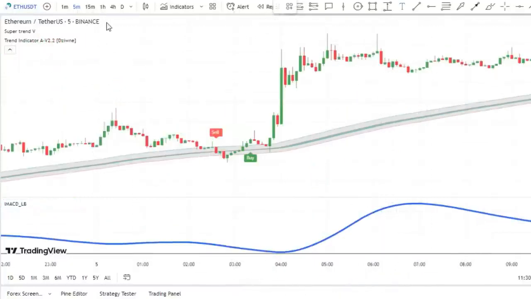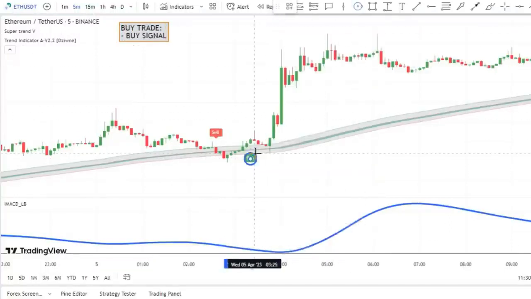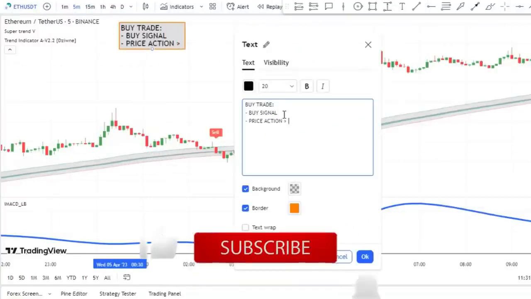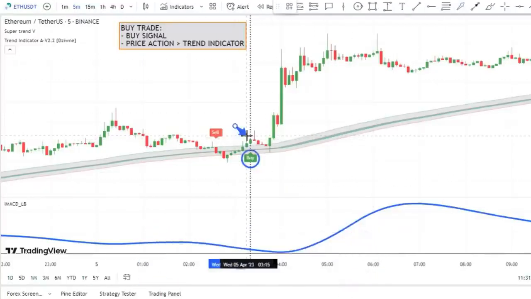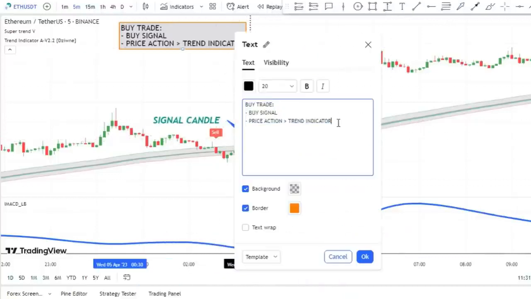Now to enter a trade, we need to check these rules. First, a buy signal should be issued. Then we need to make sure that the closing price of the signal candle is above the trend indicator. And for the final confirmation, the impulse MACD line should be above the zero line.